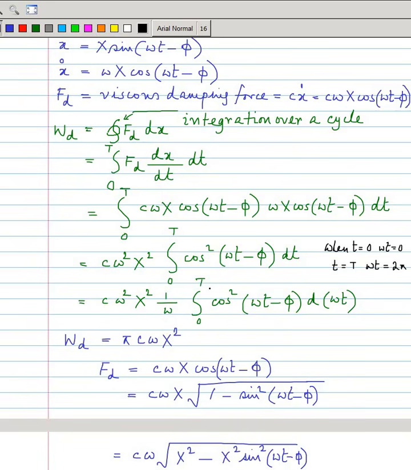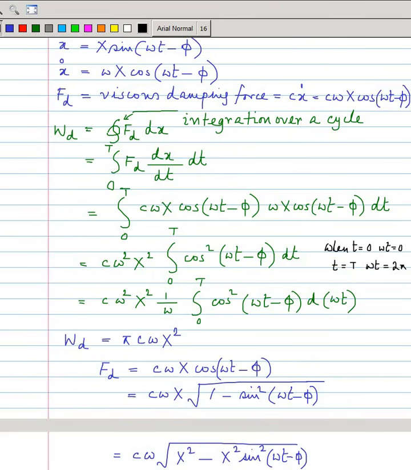So this is actually from 0 to twice pi. So now if you integrate this, you get pi c omega x square.